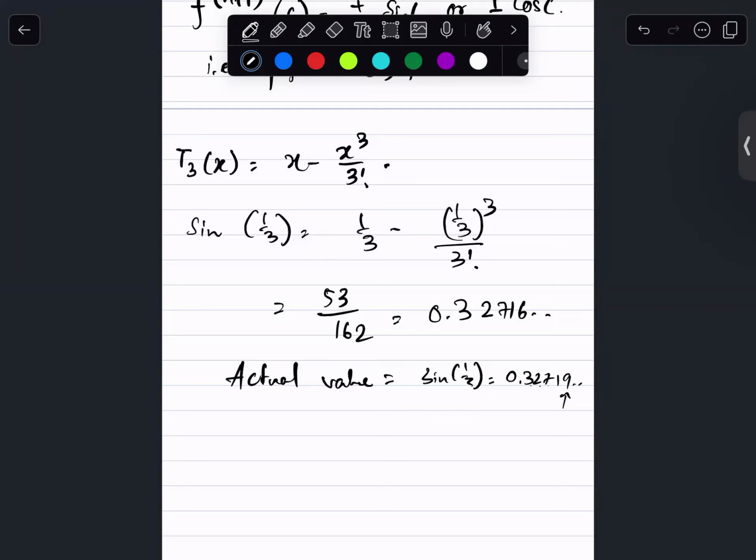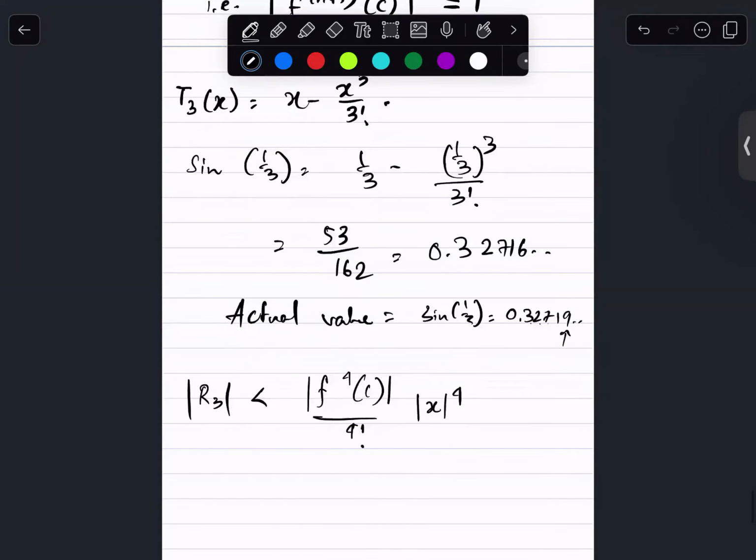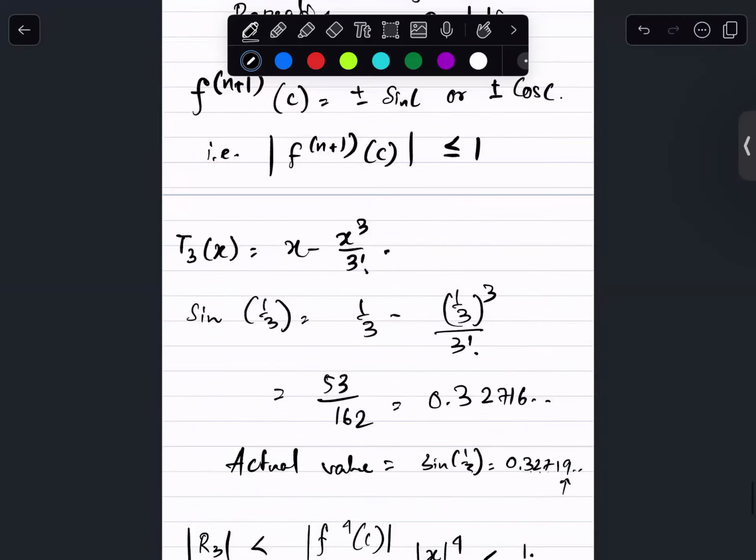Okay. So the error R3 for the third degree approximation is less than the modulus of the fourth derivative at c over 4 factorial, times x to the 4. But the fourth derivative thing is less than or equal to 1, by this logic.